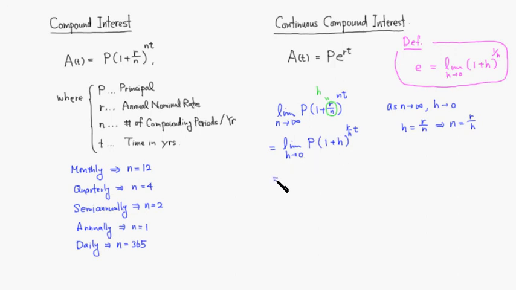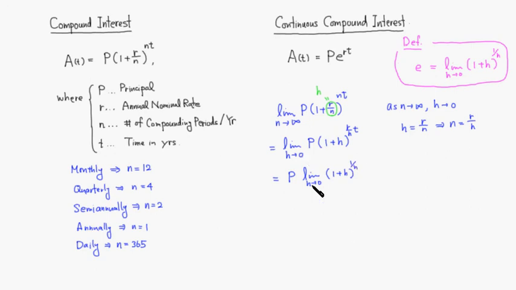One thing is that P has nothing to do with h, so we can put it outside of the limit, and take the limit as h approaches 0. Then you would have 1 plus h, raised to 1 over h, so I'm just going to go ahead and do that.